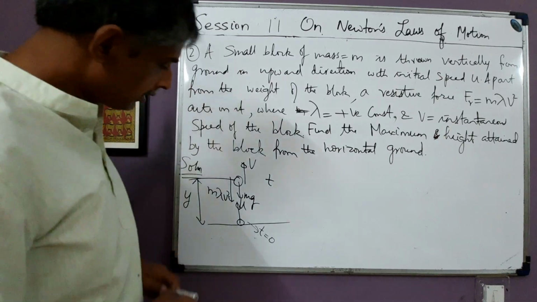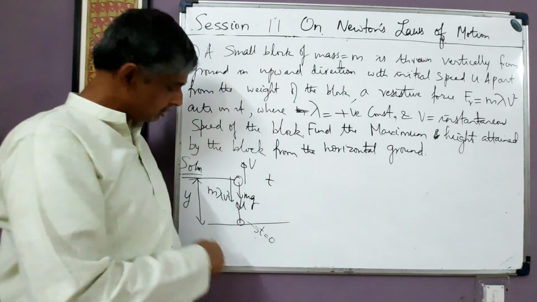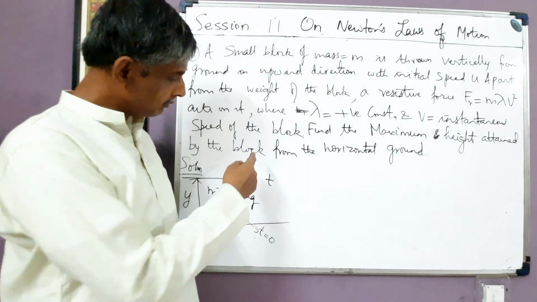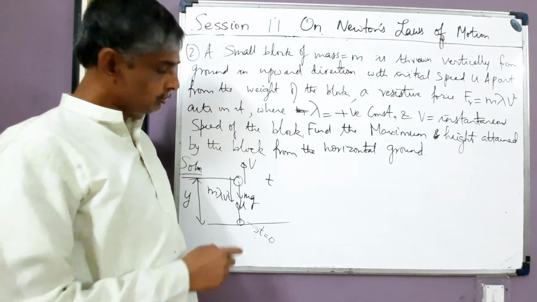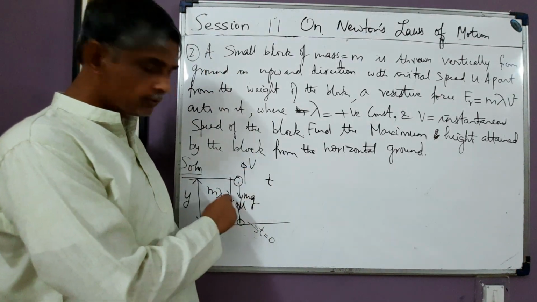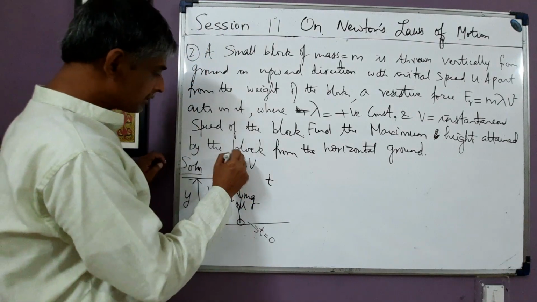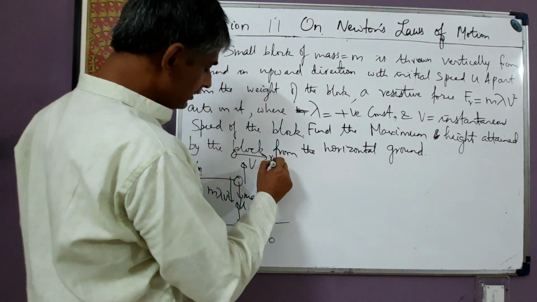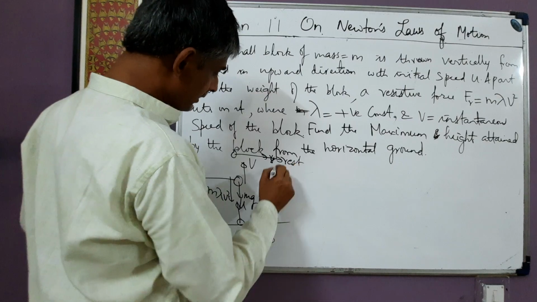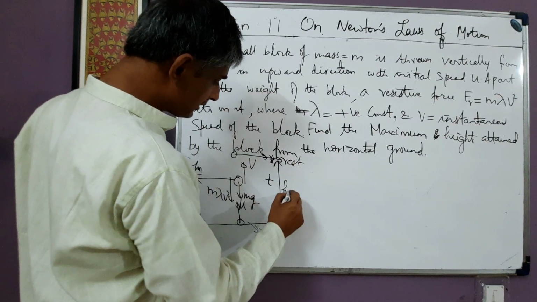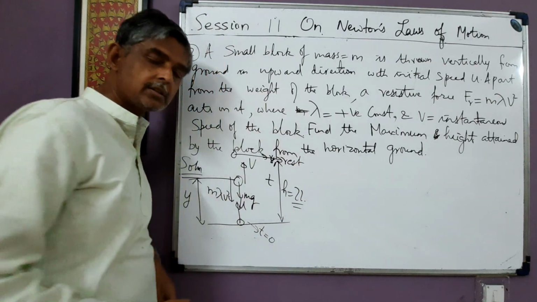Now mg is in downward direction, m lambda v square is also in downward direction, and the block is moving upward. So the motion direction is opposite to the net force on the block. So as it moves up, its speed will go on decreasing. So when it attains maximum height, it is instantaneously at rest. Suppose its height from the ground is h at that instant, which you have to find out.